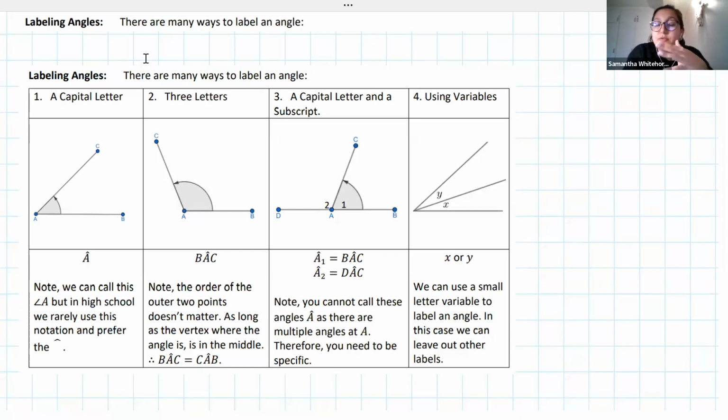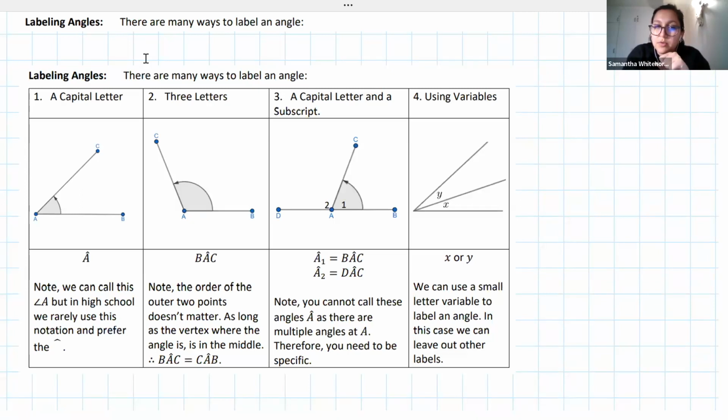Now, there are 4 different ways that we can label angles, and please listen to my words very carefully. You do not use all 4 ways. The way you label an angle depends on the information given to you. Sometimes in a diagram, there's no labels on any of your arms, but there's a variable for an angle.